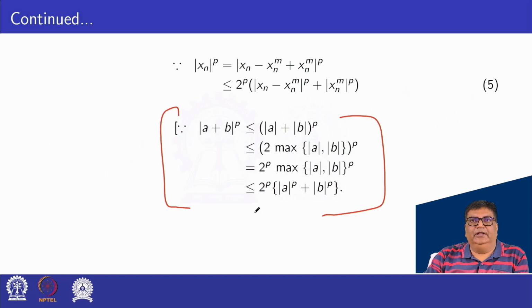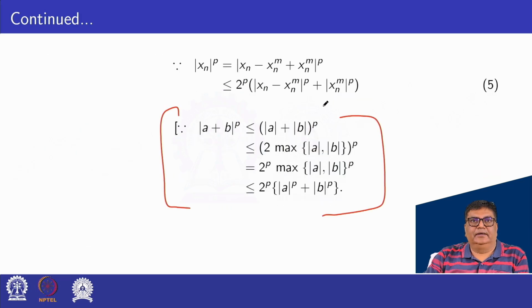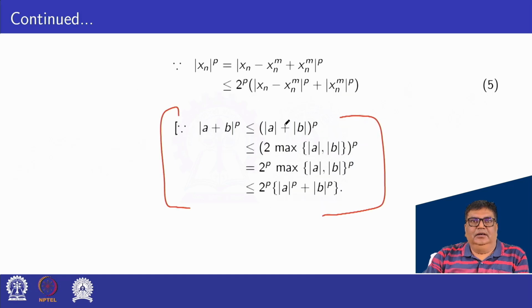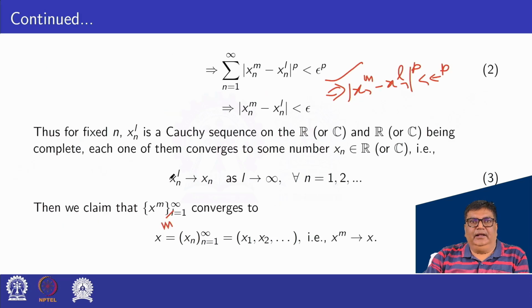Why? Because in equation 2, the summation n equal to 1 to infinity of |x_n^(m) - x_n^(l)|^p is less than epsilon^p, and here x_n^(l) converges to the point x_n.